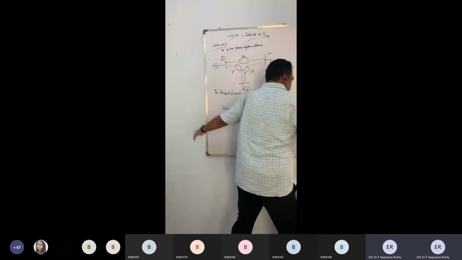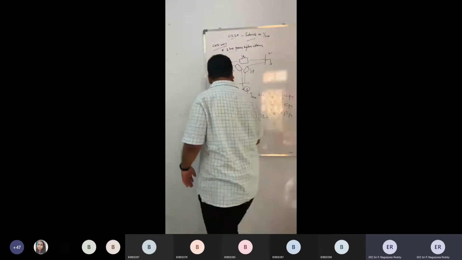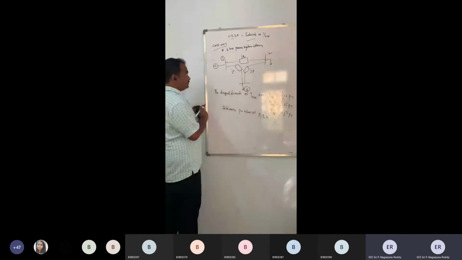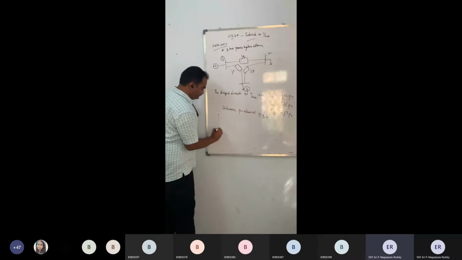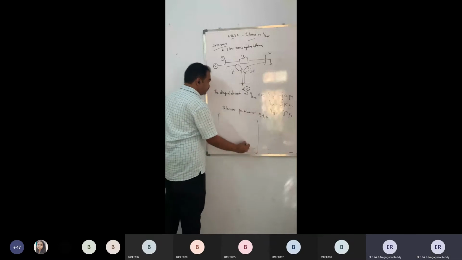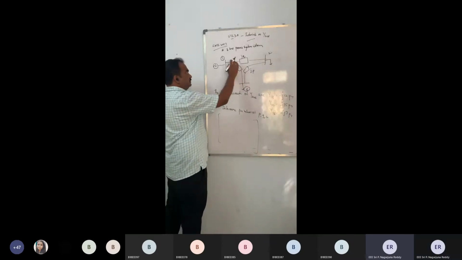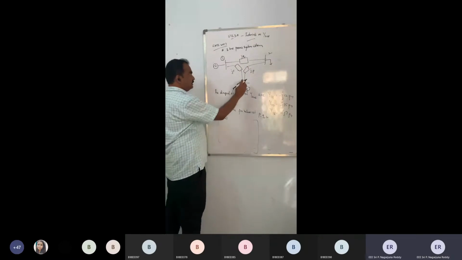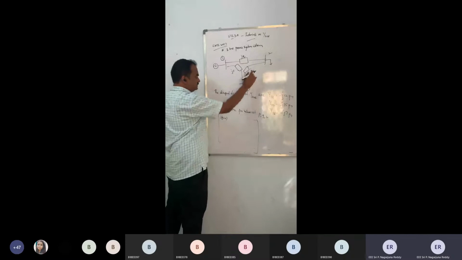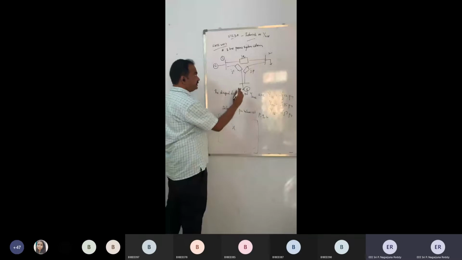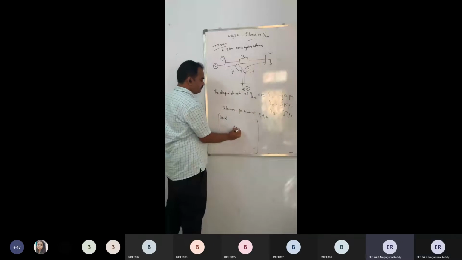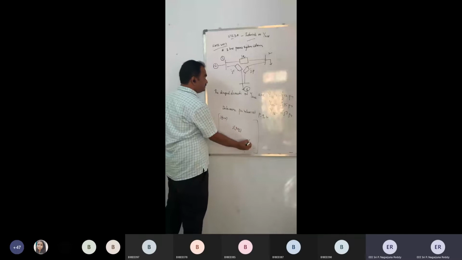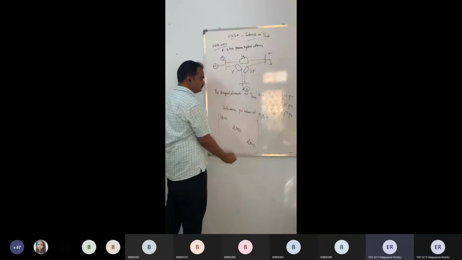So now we will have a quick look on how to solve this problem. After seeing the problem, can anybody tell me what is the y1 matrix? Y11 is the summation of these two elements, so it will be j(q+r), and at the second one j(p+q), and at the third one j(p+r).